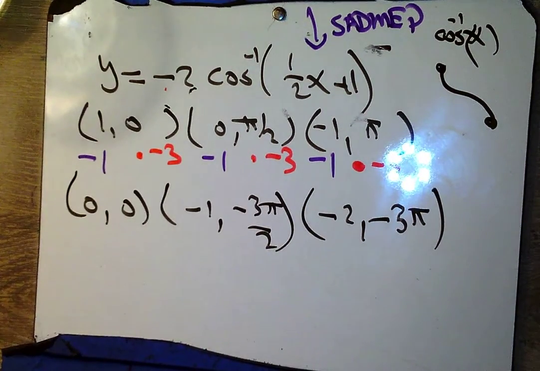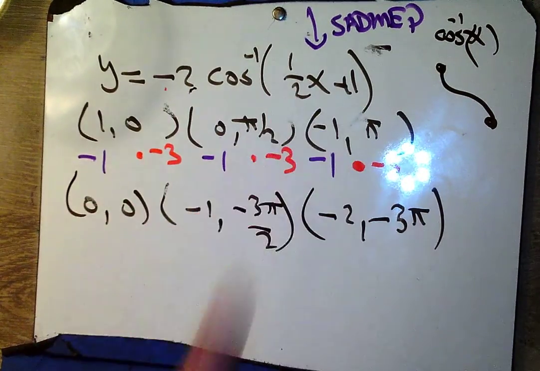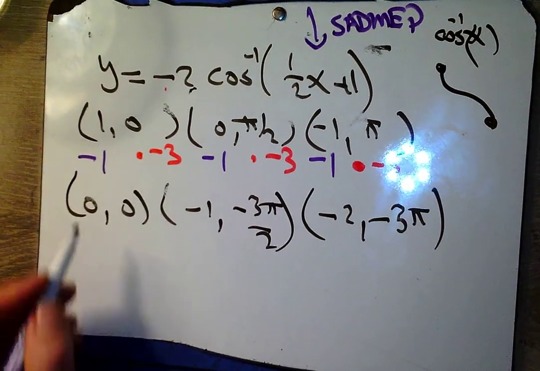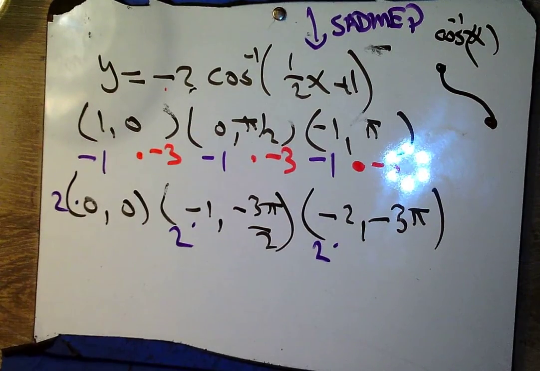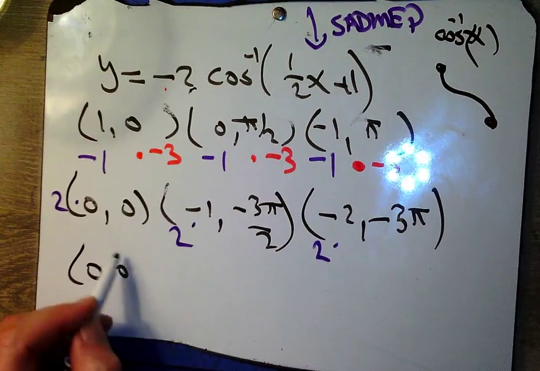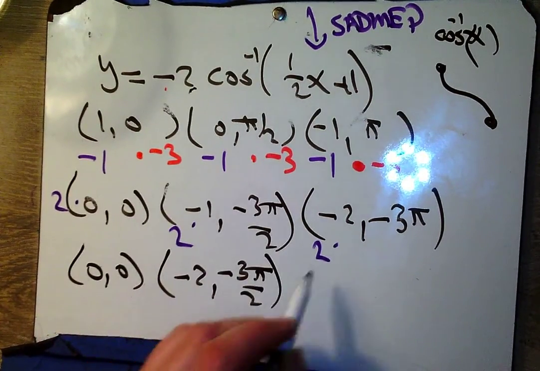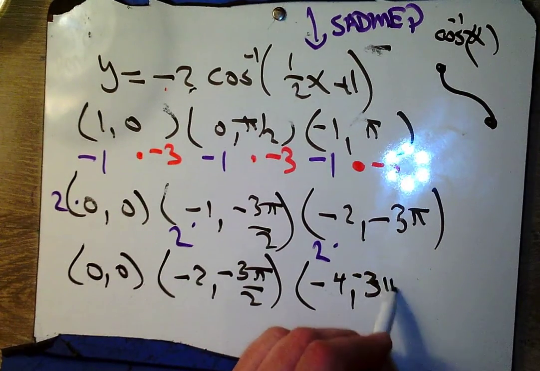Okay, and now, do I have anything else? Yes, I've done 2 transformations, but there's 3. I still need to do that, which means dividing all the x's by 1/2, or multiplying the x's by 2. And so the final points, the points that I'm going to graph, are going to be (0, 0), (negative 2, negative pi over 2), (negative 4, negative pi).